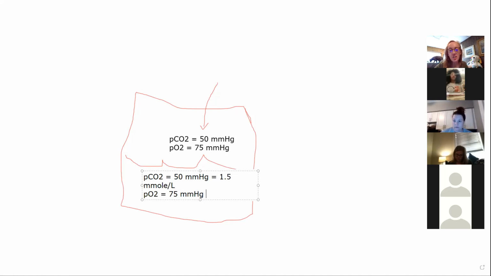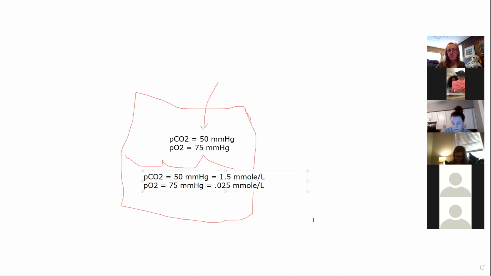And oxygen gas, on the other hand, is going to be much lower, for example, 0.025 millimoles per liter. So they each move according to their own concentration gradient. And carbon dioxide is much more soluble in water than oxygen is.